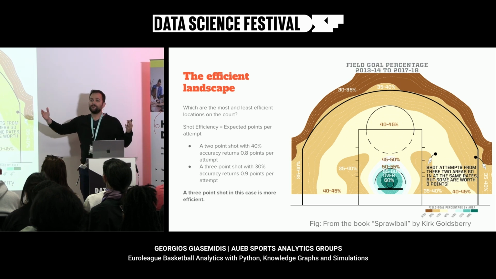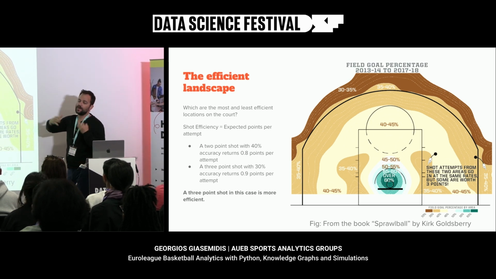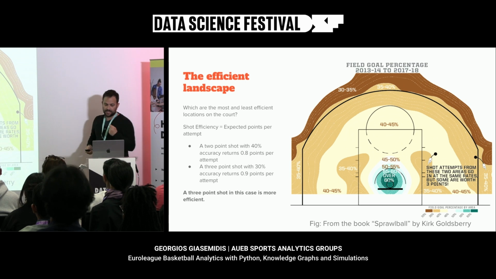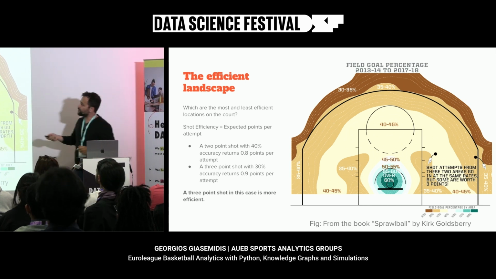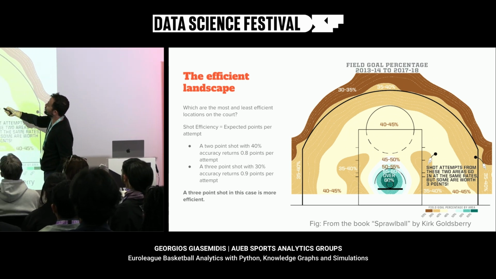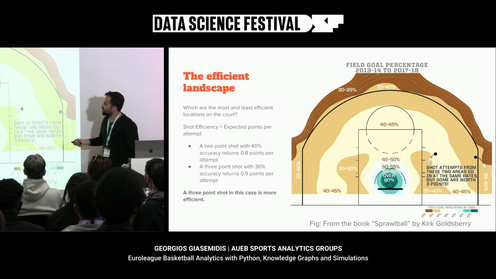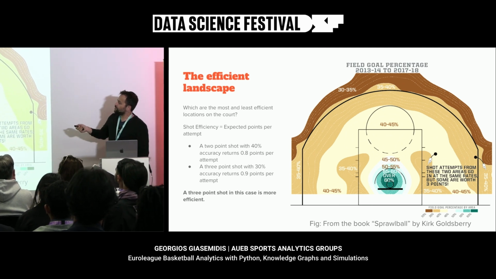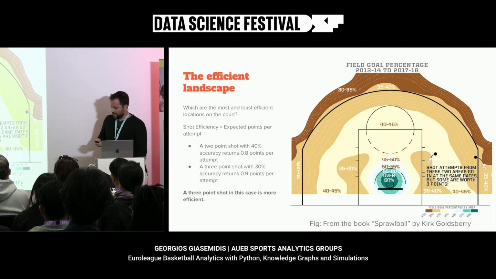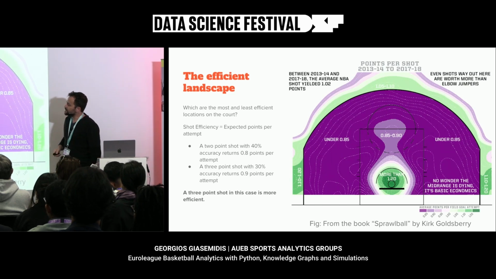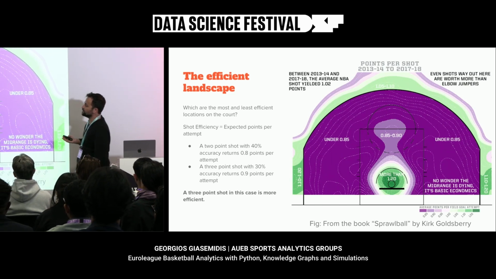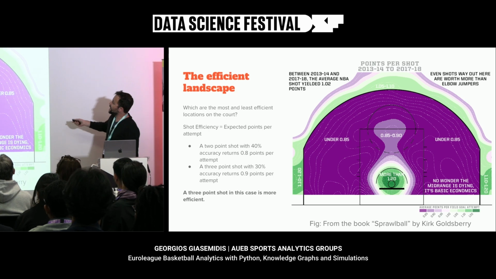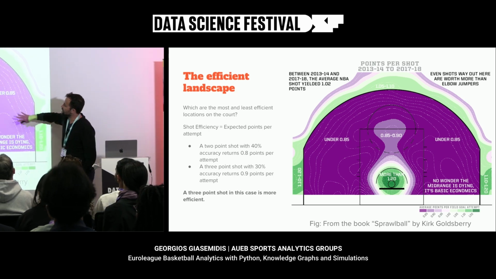Basketball is a long game, a game with many attempts. And as you can see, in the long run, it's more efficient to score at 30% from the 3-point line rather than a 2-point shot from that distance. And suddenly, 3-point shots, in this case, are more efficient. And this is the efficiency landscape.